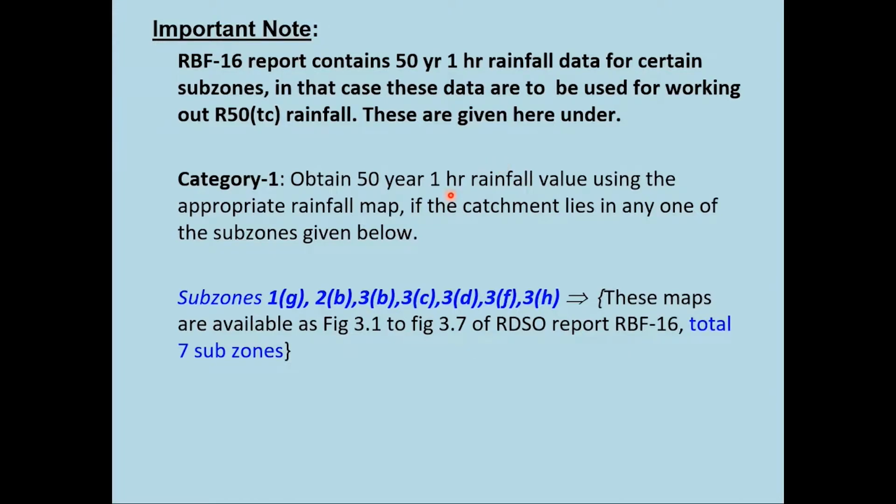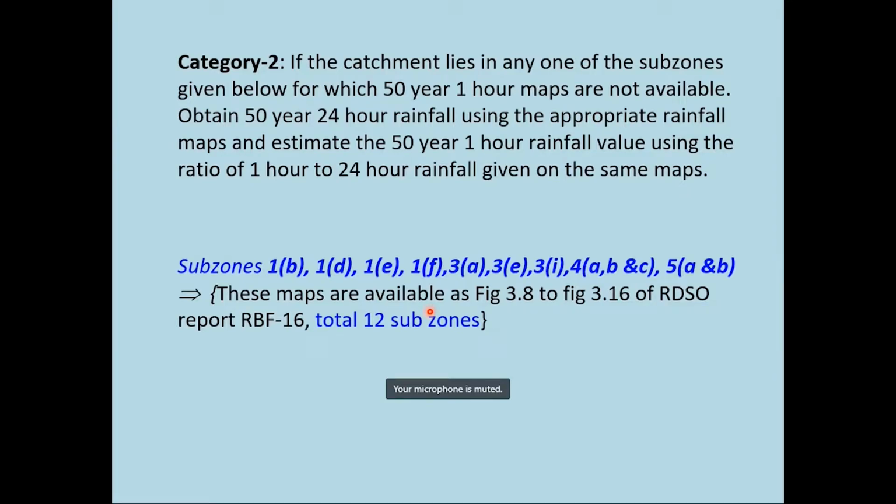This is only for your information and ease; all the data has been collected here, so that you don't have to go through all the sheets. Here 50-year 1-hour rainfall has been given for these 7 subzones. Next, for these 12 subzones, 50-year 24-hour rainfall has been given.